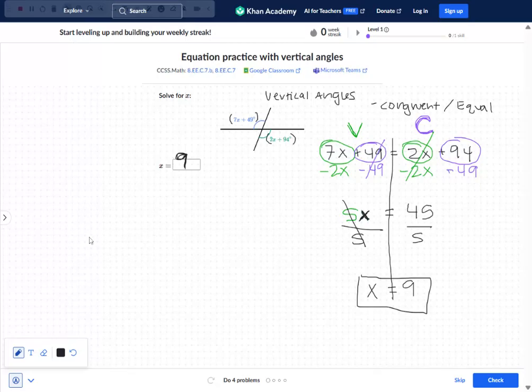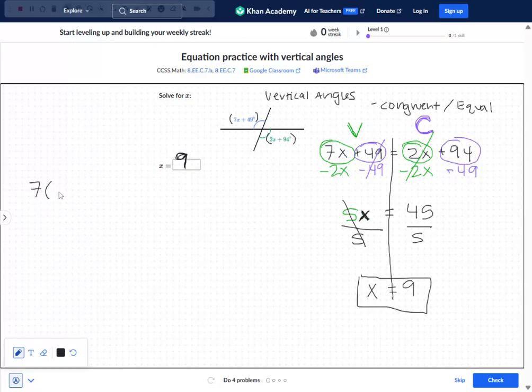So we could do that now, just for the sake of figuring it out. It doesn't matter which one you choose. I'm just going to choose the first one. So 7, now instead of x, replacing it with 9, plus 49. Let's check: 7 times 9 is 63, plus 49 is going to be 112 degrees.